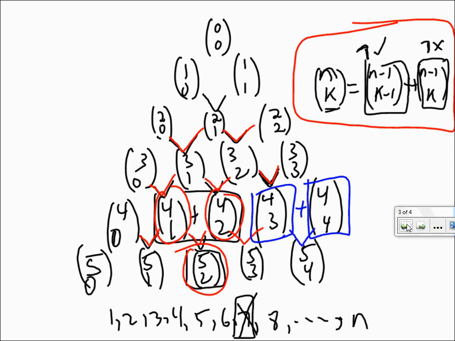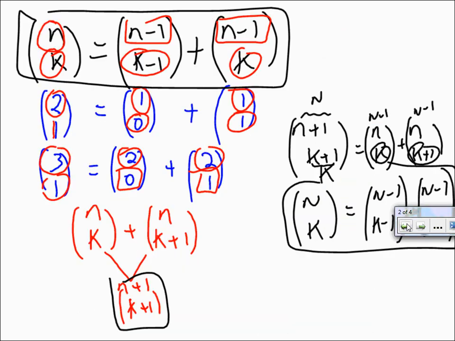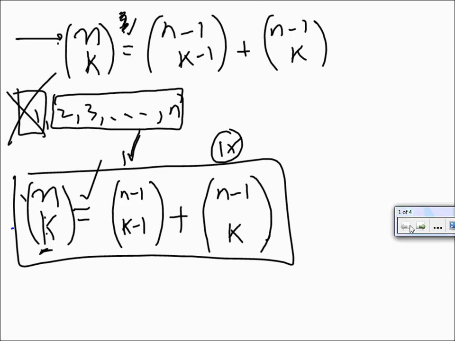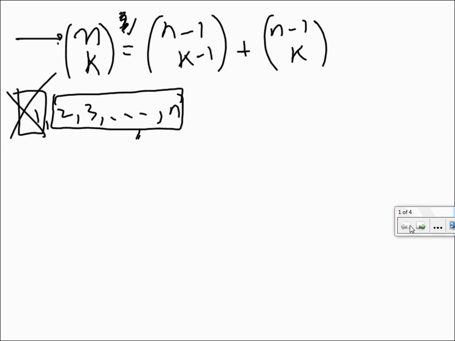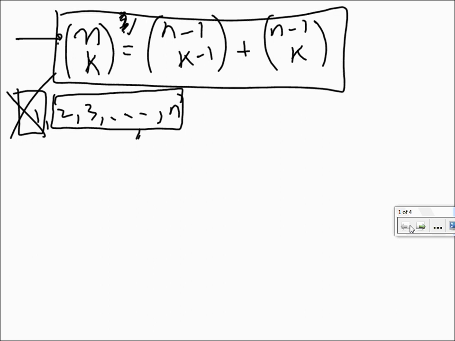Okay, this is how Pascal's triangle works. And we talked about how we can derive this top formula up here by arguing whether or not we pick the first object or not. We do want to pick k objects from n. I'm not moving away from that.